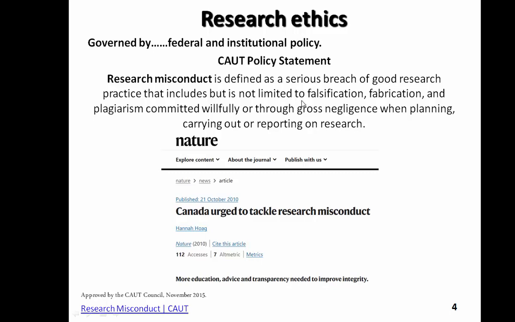Those actions include falsification, fabrication, which is basically just making up numbers that didn't exist, and plagiarism, whether all of that is conducted willfully or through gross negligence. So ignorance is not an excuse here for scientists if they are found to be in breach of sound research practice. Various other details on the CAUT policy statement can be found at the link below.